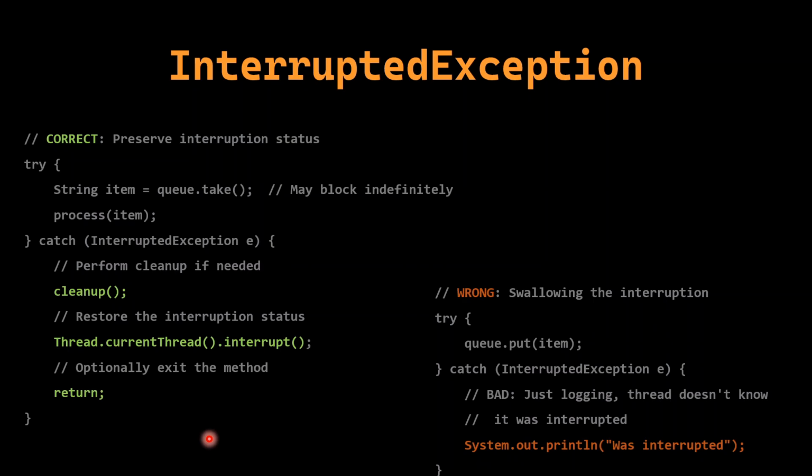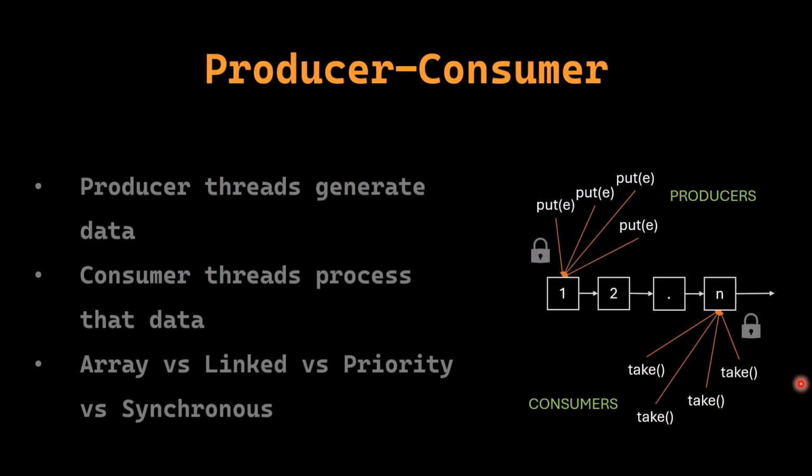Now let's see how these queues enable the producer consumer pattern. The producer consumer pattern is a classic concurrency design pattern where one or more producer threads generate the data or tasks and one or more consumer threads process that data or task.